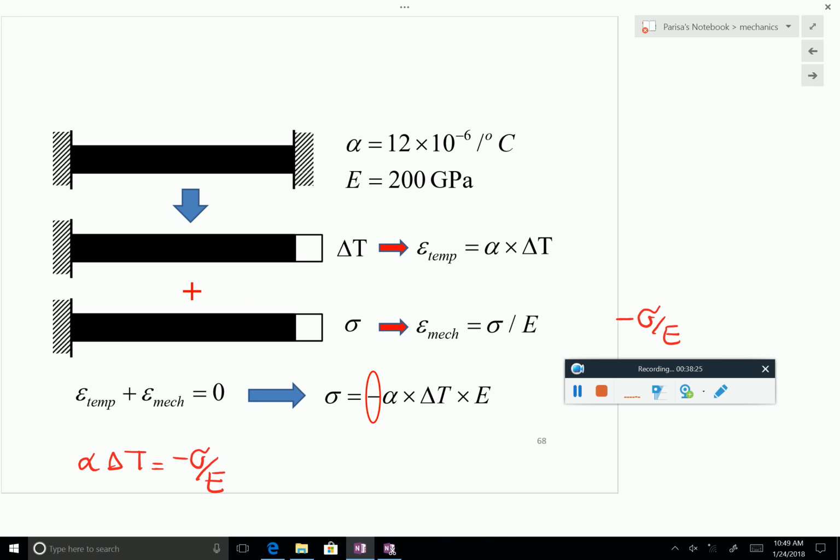This would be the amount of strain that would happen if there was no wall. And then how much is the strain actually imposed by the wall to keep this together? And that is mechanical, sigma over E. These two, which is actually negative, have to be equal, and that gives you the stress. So the answer to that question is all 3 have the same stress.